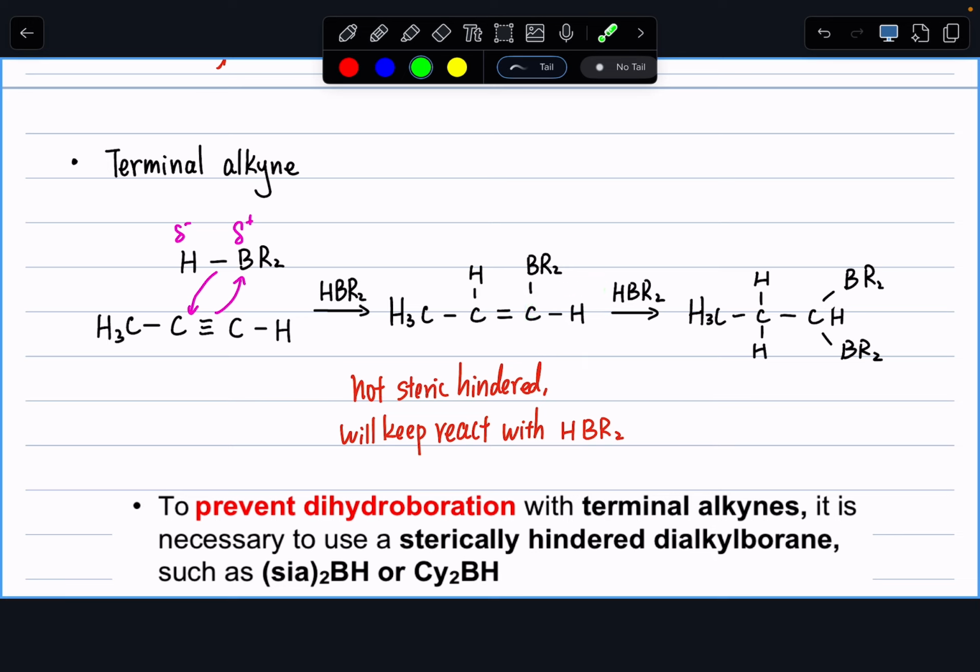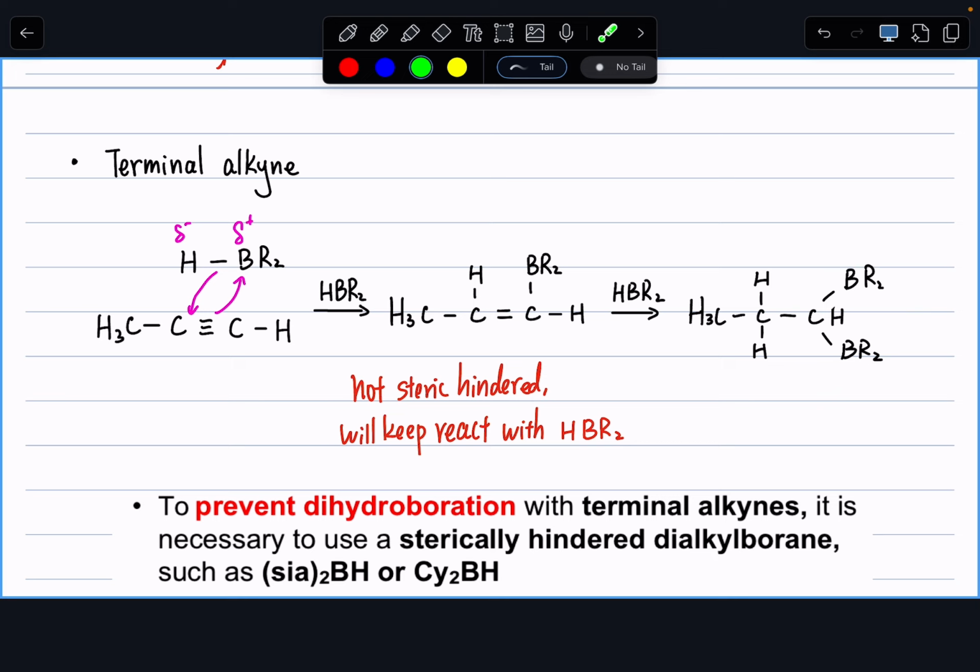And this can potentially undergo overreaction to form the diboronated species. All right, so for terminal alkynes, reacting with a hydroboration reagent will tend to have overreaction.